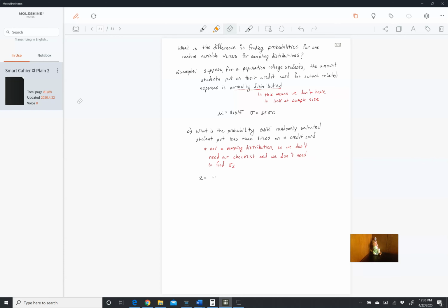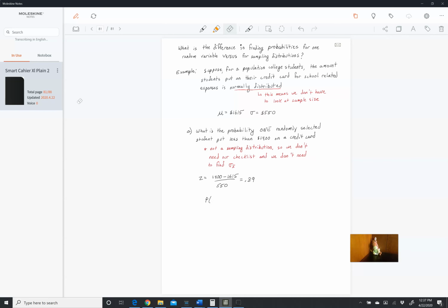It's 1,400 minus 1,615 over 550, this is equal to 0.39.